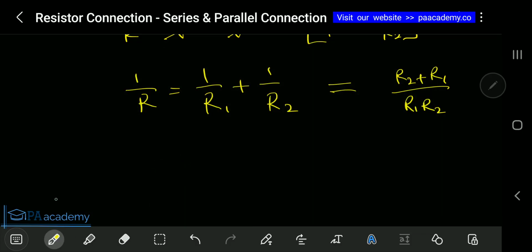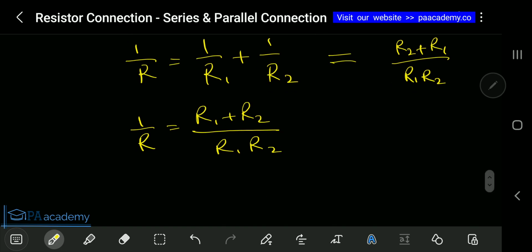All right, so that means we have 1 over R equals R1 plus R2, let me rearrange that, R1 plus R2 over R1, R2.